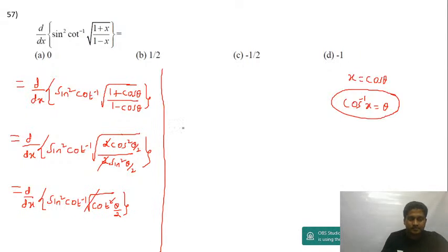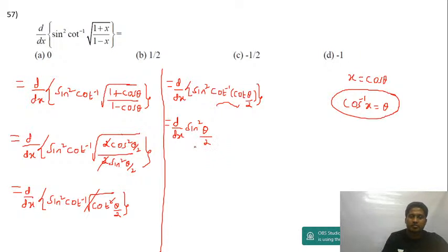So this becomes d by dx of sine square of cot inverse of cot theta by 2. Now cot inverse of cot theta by 2 will be equal to theta by 2 only. Now it's all but done.